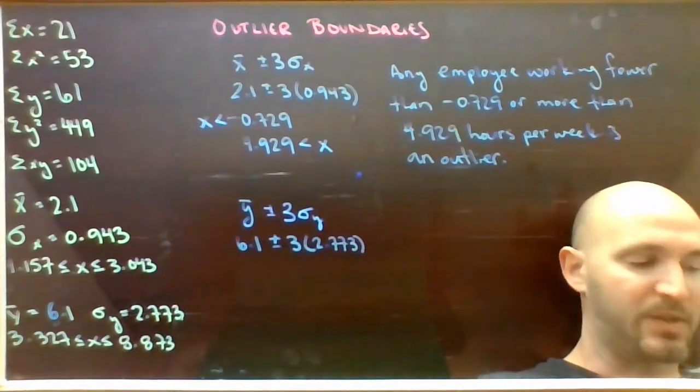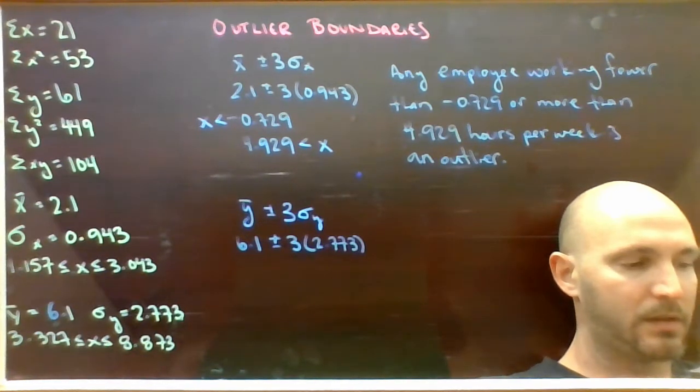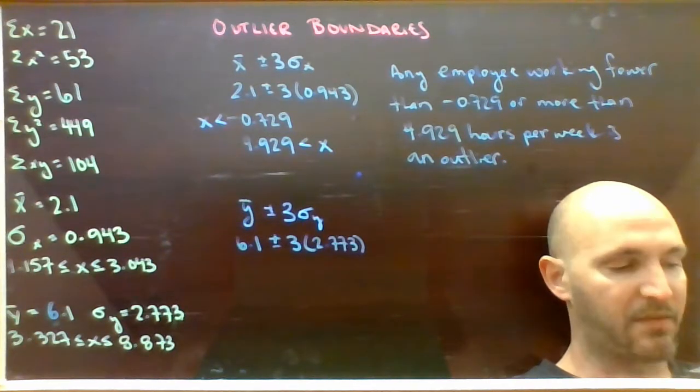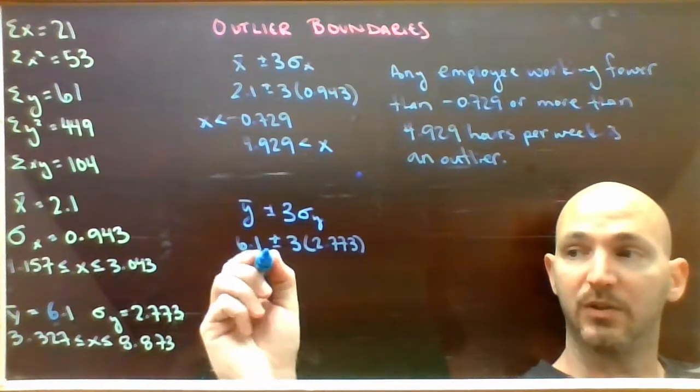So if I were to subtract them, 6.1 minus 3 times 2.773 is negative 2.219.